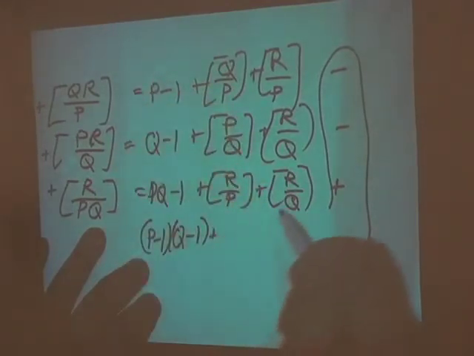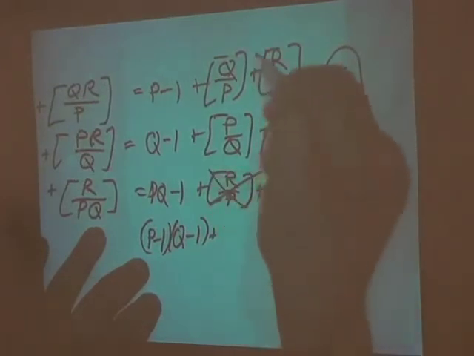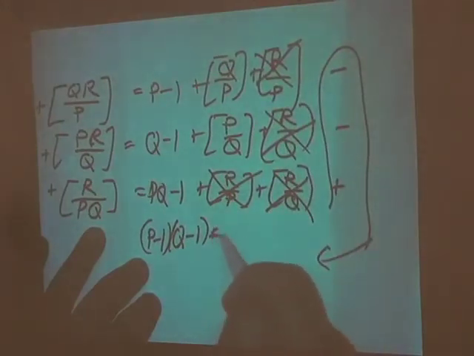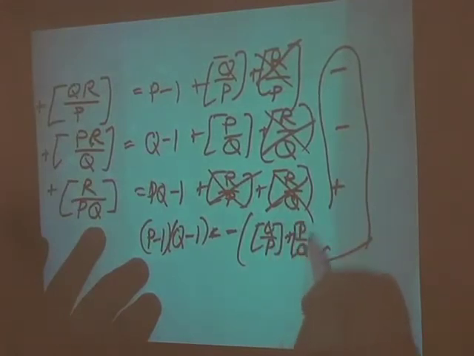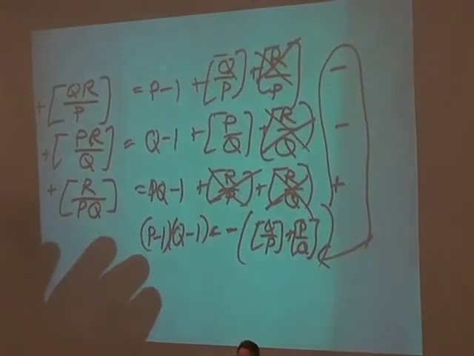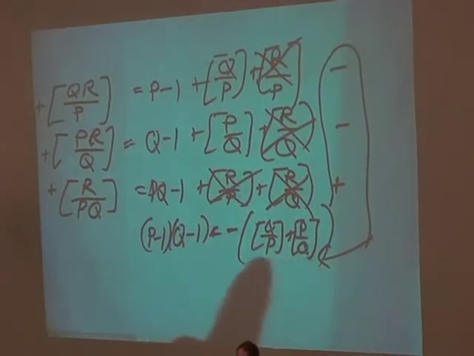And then this will cancel that, and this will cancel that, minus QP plus PQ. Now I trust you've heard of this famous theorem of quadratic reciprocity, the sum of two mutually inverse Jacobi symbols. I state it as a sum because my Jacobi symbol is additive. This is precisely quadratic reciprocity.